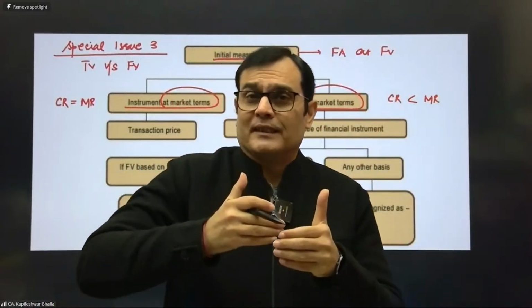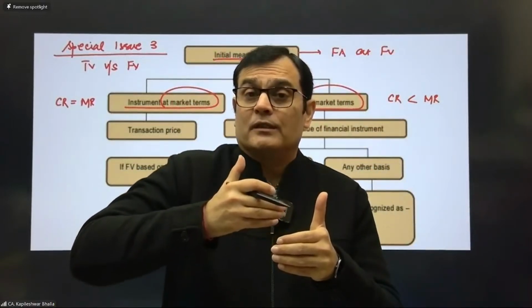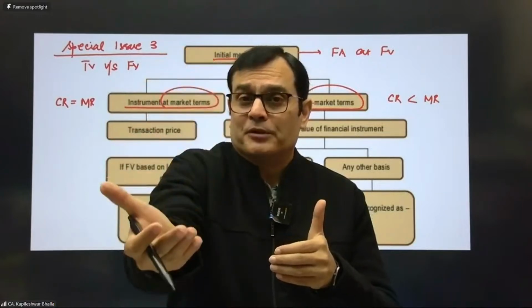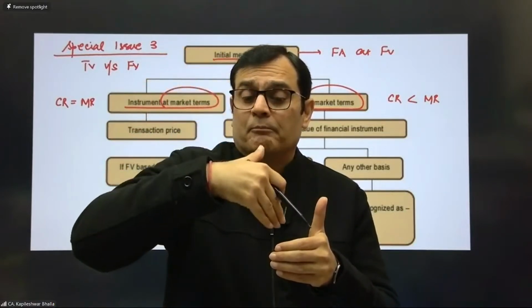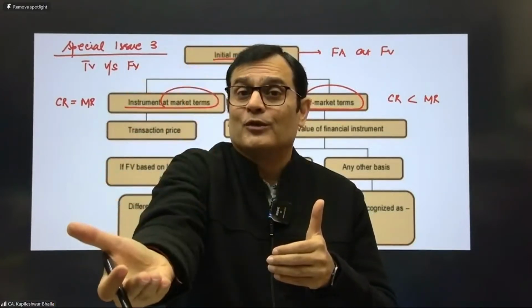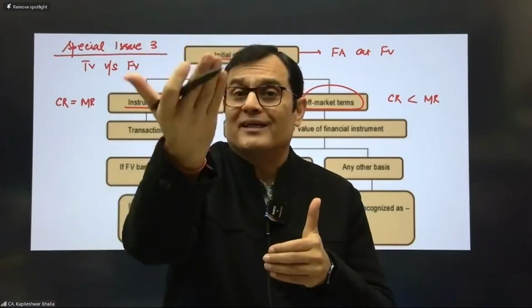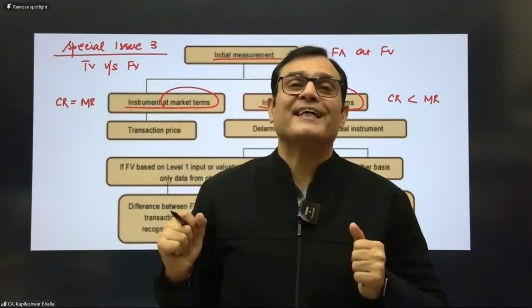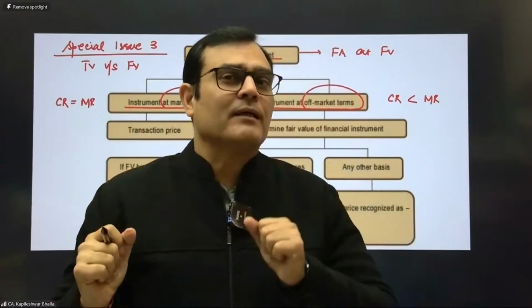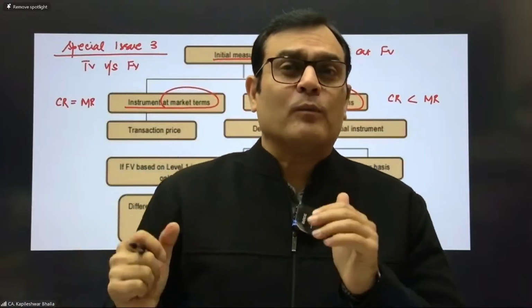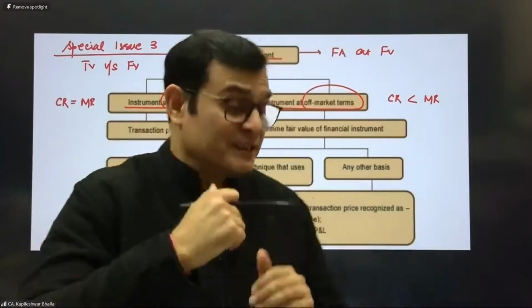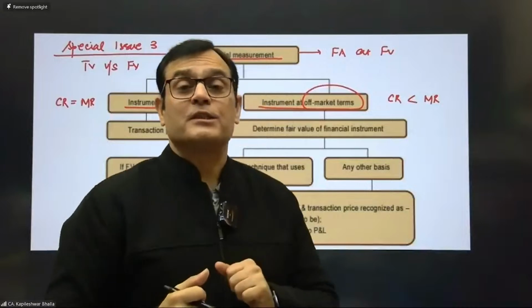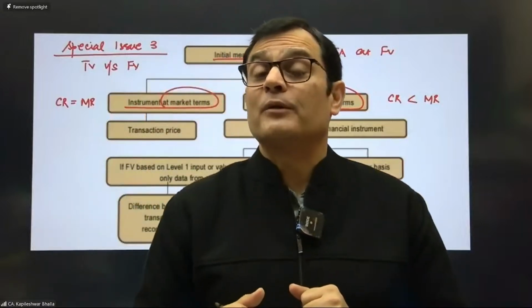Because in this particular case, when you say that I will charge, let's say, 10%, for example, I give somebody a loan of 100 and charge a 10% interest, it is 110. And if you remember, earlier I said the fair value is nothing but a present value, discounted at a market rate of interest.